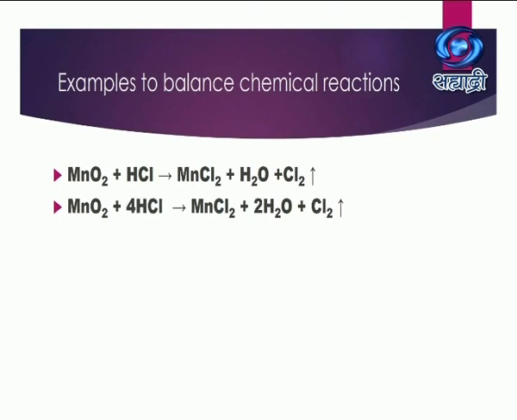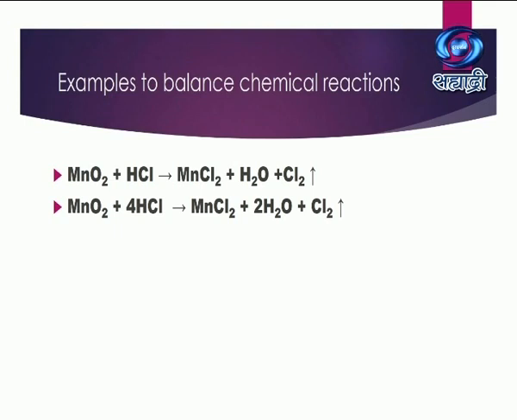and with the trial and error method, you can reach the balanced equation, that is MnO2 plus 4HCl gives MnCl2 plus 2H2O plus Cl2. Now here on the reactant side, we find that there are 4 hydrogens and 4 chlorine. On the product side, you can observe MnCl2, that means 2 chlorine atoms are present over here, and chlorine gas is separately found, that is Cl2.